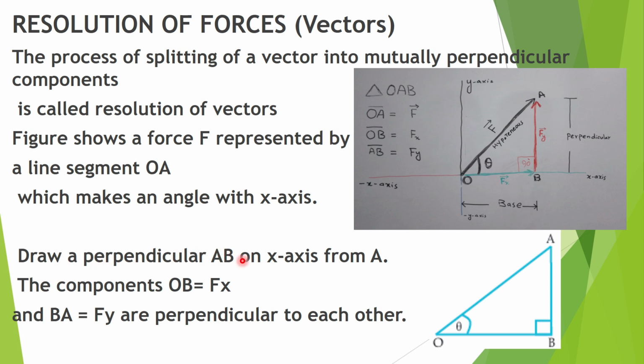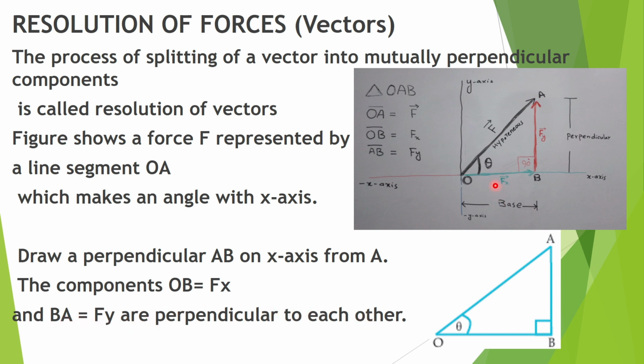Draw a perpendicular AB on the x-axis from point A. So we will draw a perpendicular over here from point A. So this is your perpendicular. The component OB equals Fx and AB equals Fy. And OB and AB, that is Fx and Fy, are perpendicular to each other.